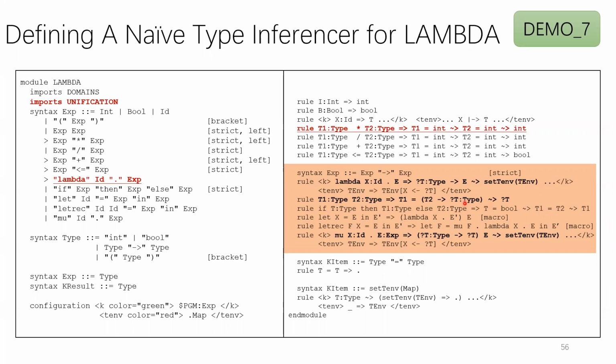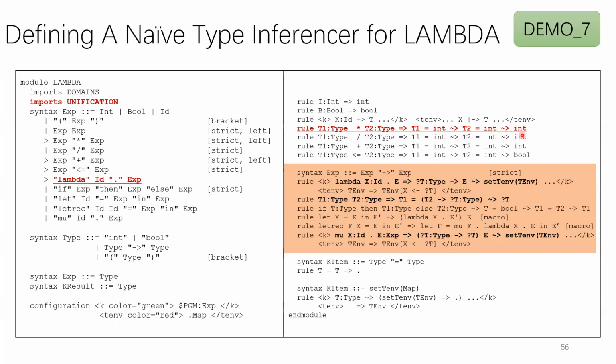Let's see this rule on the right. It types an arithmetic expression. Whenever we see T1 times T2, we'll generate two constraints: T1 equals int, and T2 equals int.